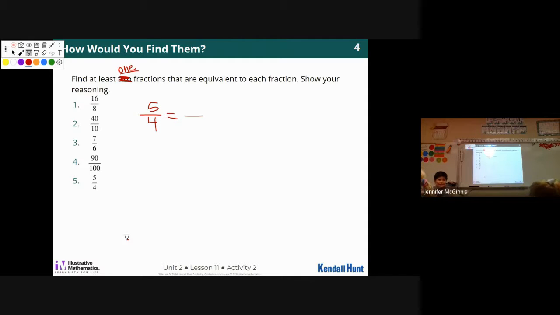You're not looking for which 2 of those are equivalent. I want you to just pick one of those fractions and then create whatever equivalent fraction you want.